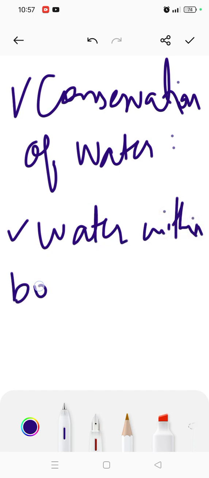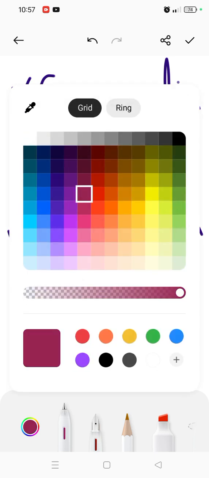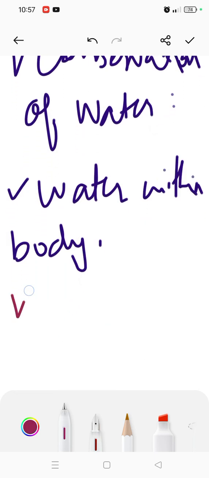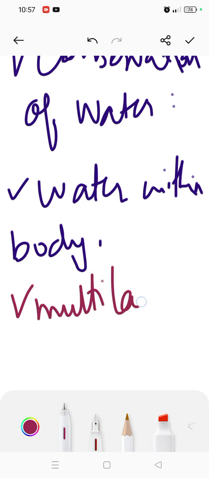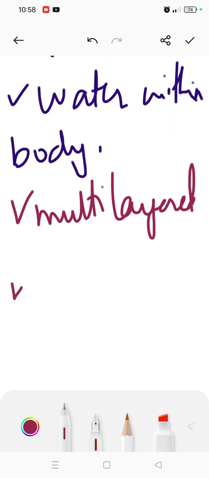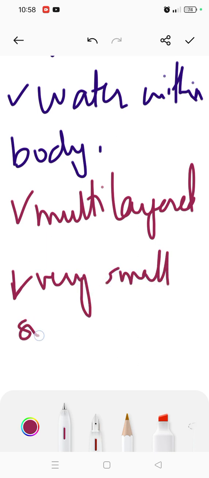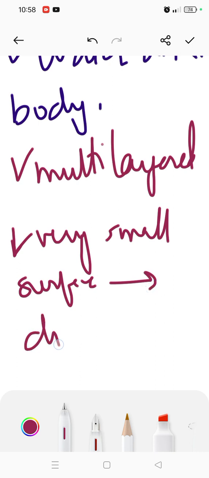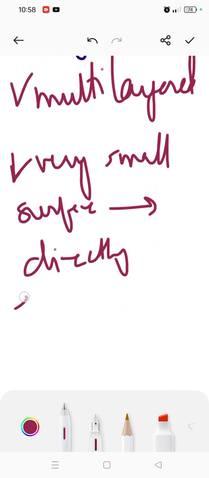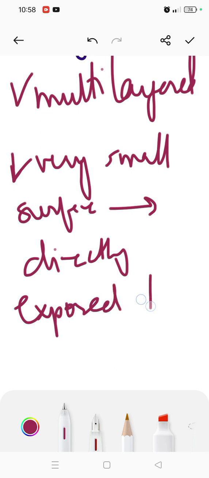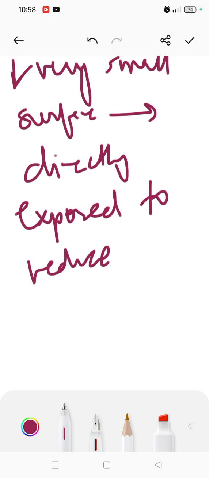Bryophytes are multi-layered and have a very small surface area directly exposed, to reduce the drying effect from the atmosphere.